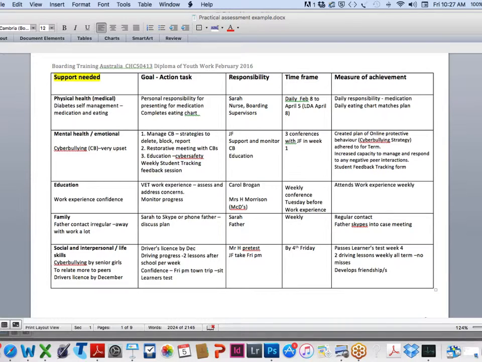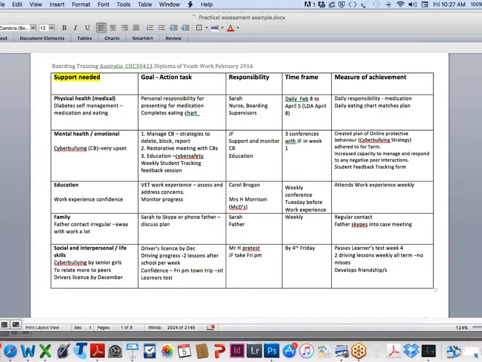So from now on, we will be keeping an eye on that chart and working on it daily with her, and then she'll be checking in with the nurse regularly as well. And that's going to go right through till the end of the term, which is April the 5th, her last day of attendance.